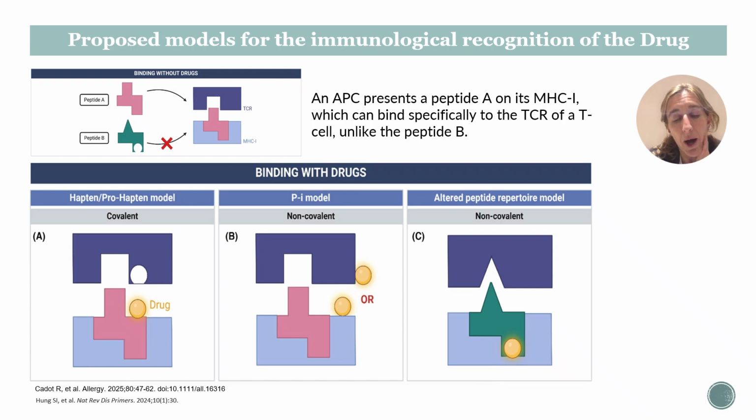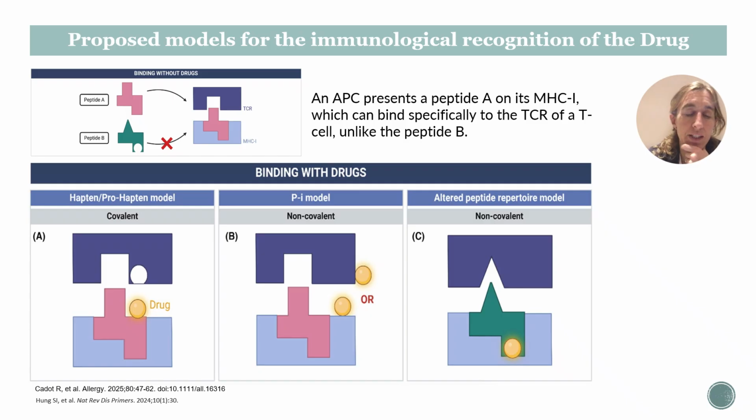There is also the PI model, in which there is no covalent binding, in which the drug can bind directly to the TCR in dark blue, or actually to the HLA. No, but not to the peptide. This is the difference.